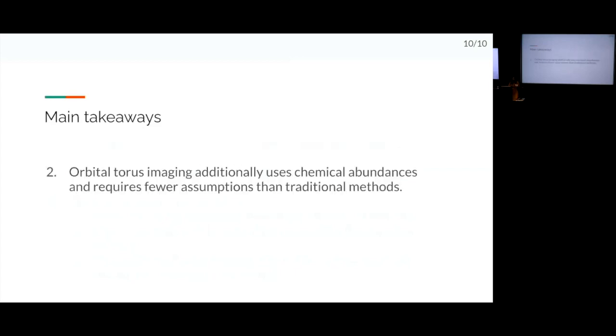But the method that I spent most of my time on was orbital torus imaging, which again combines kinematic and chemical information, allowing us to use more of the current data that we have thanks to new surveys like APOGEE, with fewer assumptions in that you don't need to know what your survey selection function is, nor do you need the second moment of the velocity distribution like you would in Jeans modeling.